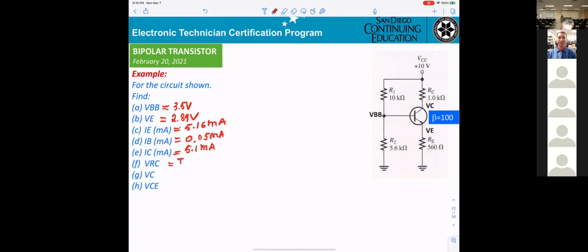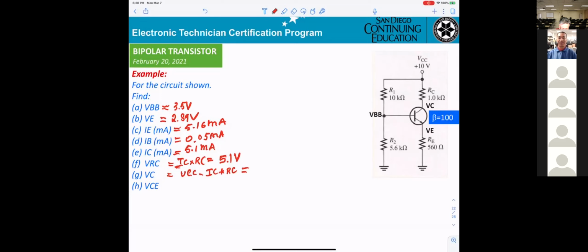VRC is IC times RC. 1,000 times 5.1, 5.1 volt. VC is VCC minus IC RC. Yeah, that would be minus 5.1.